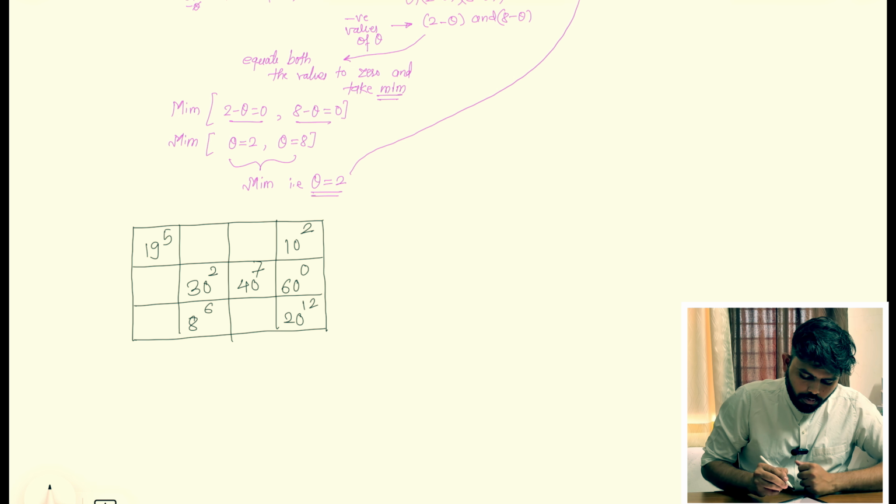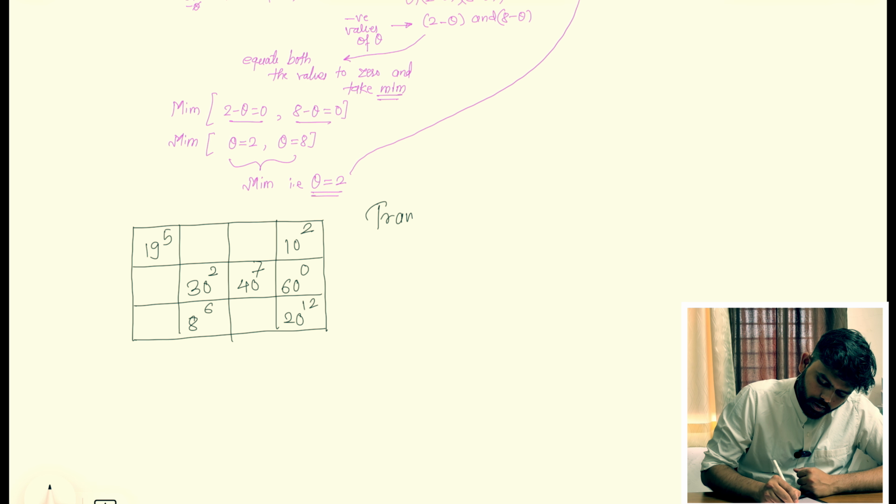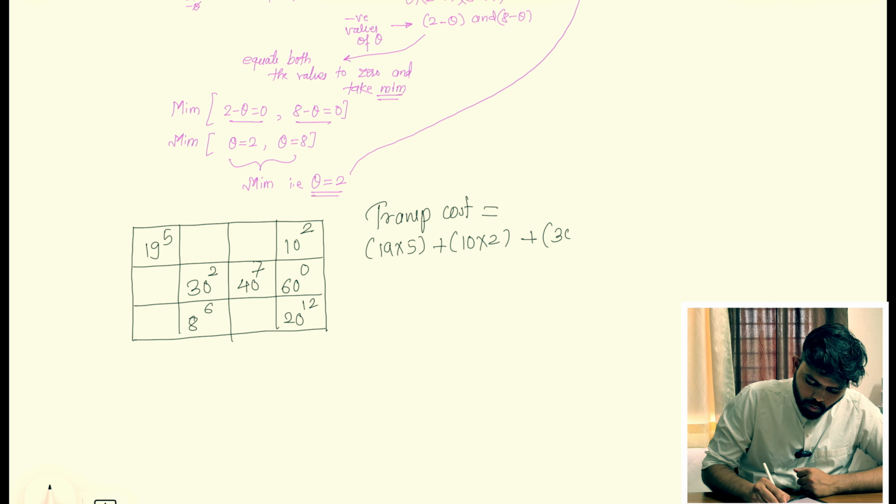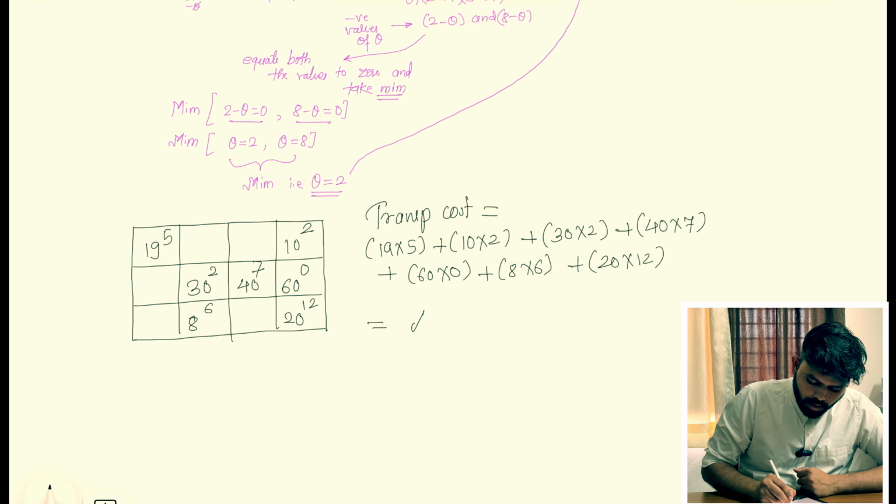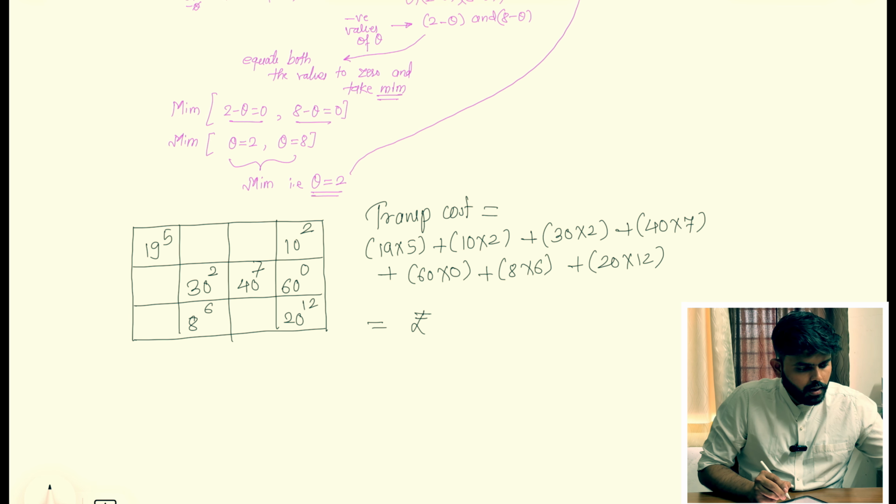Okay, so now if we calculate the transportation cost, it will be 19 into 5 plus 10 into 2 plus 30 into 2 plus 40 into 7 plus 60 into 0 plus 8 into 6 plus 20 into 12. Now the transportation cost that we are getting is equal to 743.